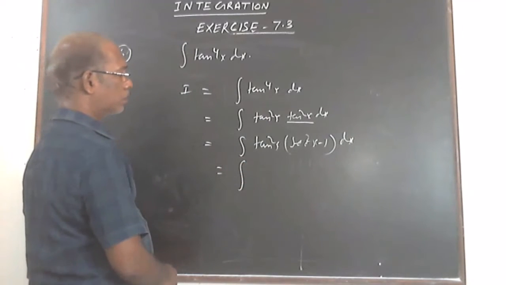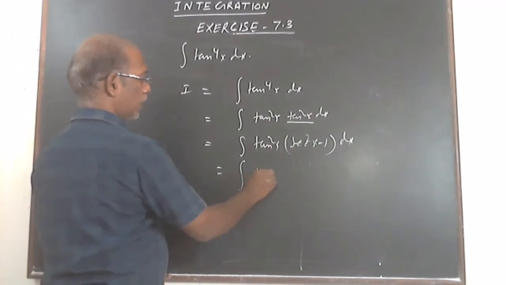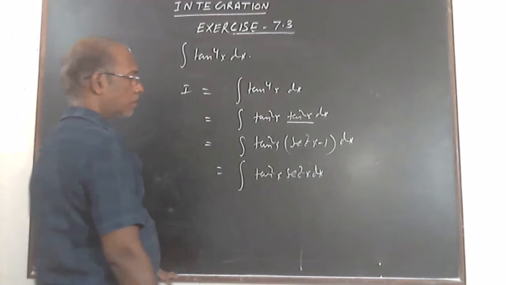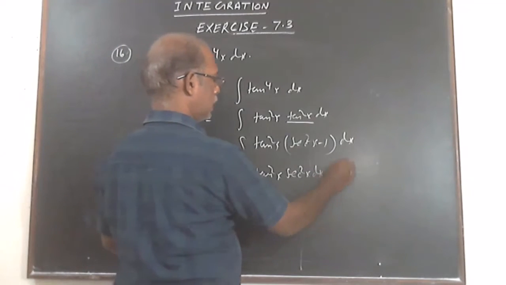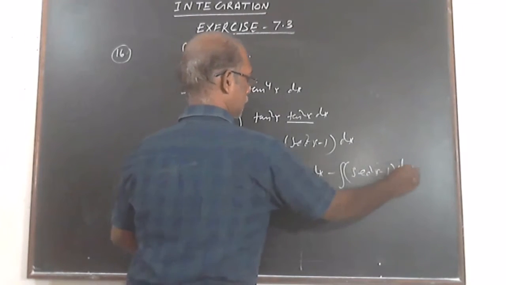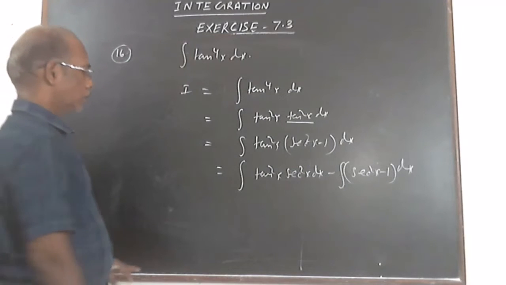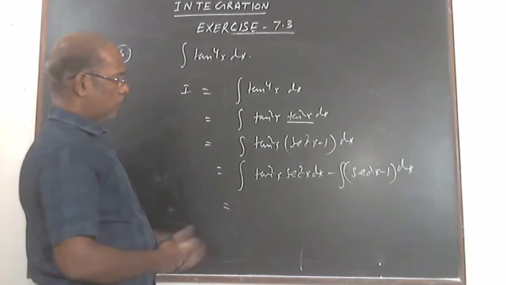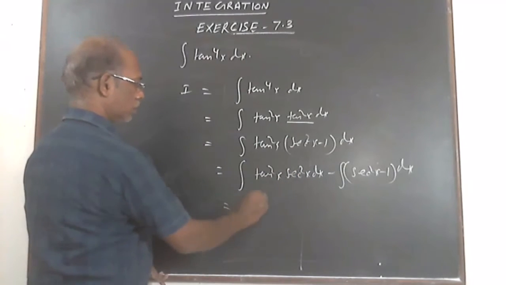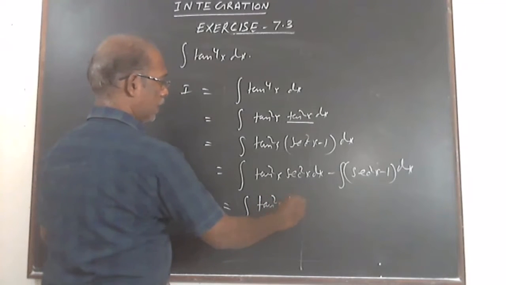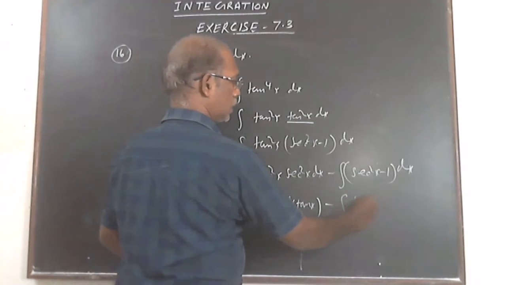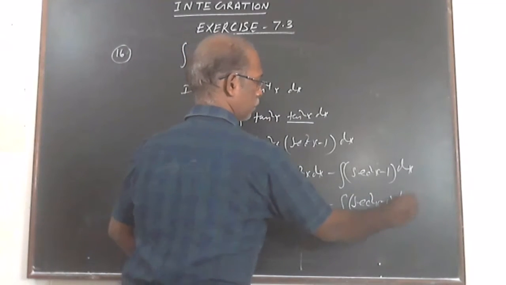Then the integral of tan square x secant square x dx, minus the integral of tan square x, that is, secant square x minus 1 dx. Now this secant square x dx can be written as the derivative of tan x: tan square x d(tan x), minus the integral of (secant square x minus 1) dx.